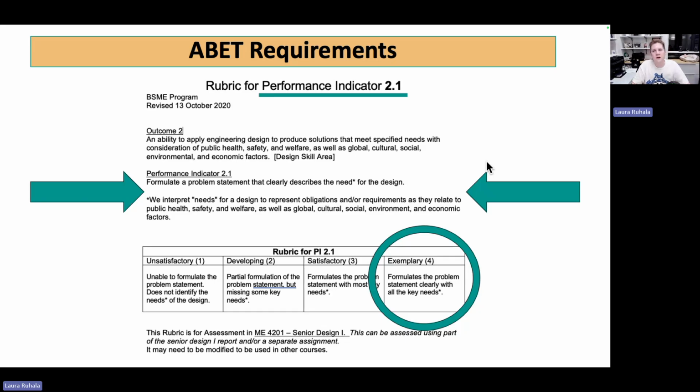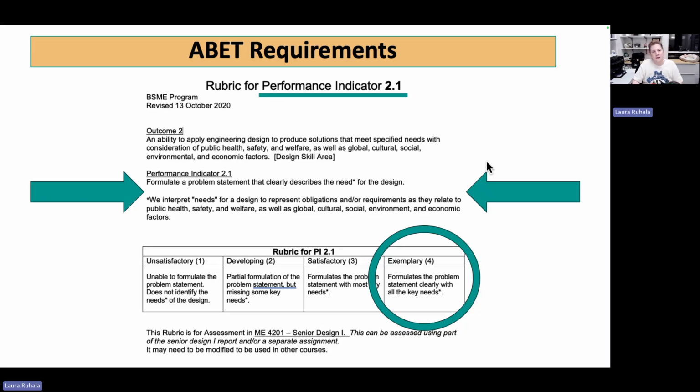There are some other ABET performance indicators, like something related to, say, heat transfer. Let's say in heat transfer, we want you to know these different things. Well, you might not get to exemplary because there's a testing condition, and maybe you end up getting a B or a C in the class and you're not exactly exemplary, some of it, but not all of it.